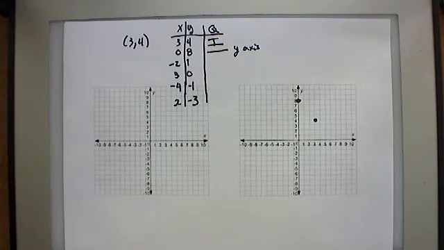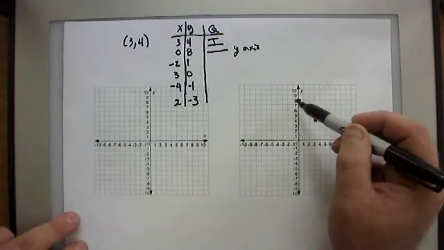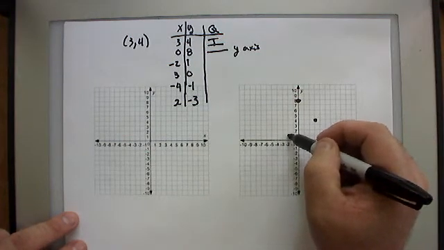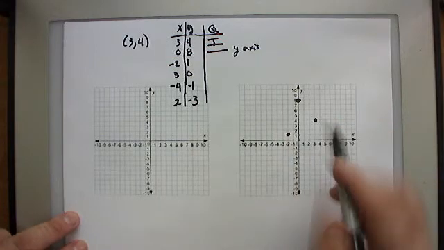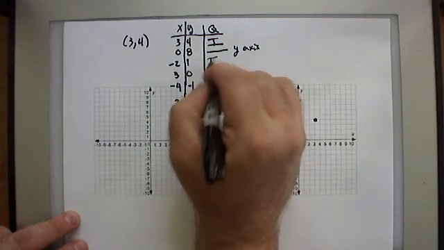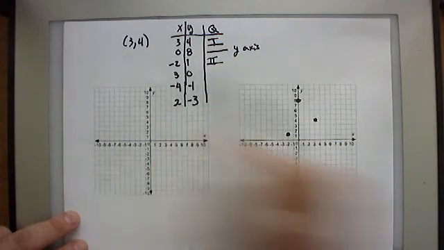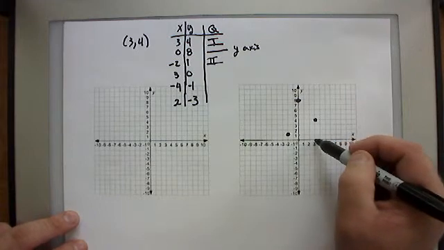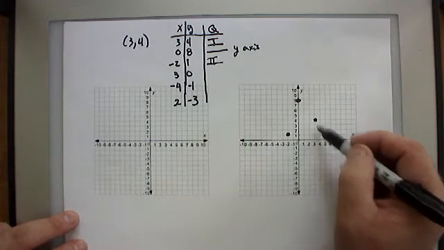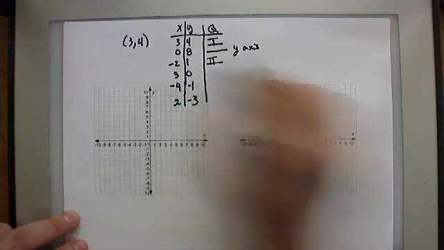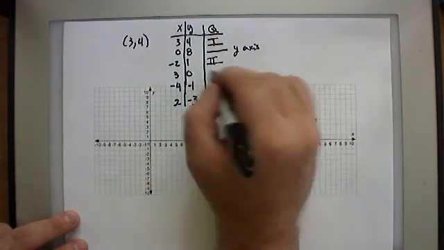So (0, 8) would be up there, and then (-2, 1). That's -2 on the x, -1, -2, and then +1 on the y. So that one would be right there, and that's in quadrant 1, 2, 3, 4, quadrant 2. (3, 0). That's going to be 3 on the x, 1, 2, 3, and then 0 on the y, meaning we're not going to go up, we're not going to go down, so it's going to be right there. Again, that is on the x-axis, so not in a quadrant.